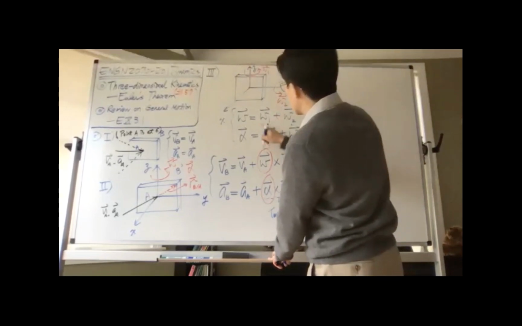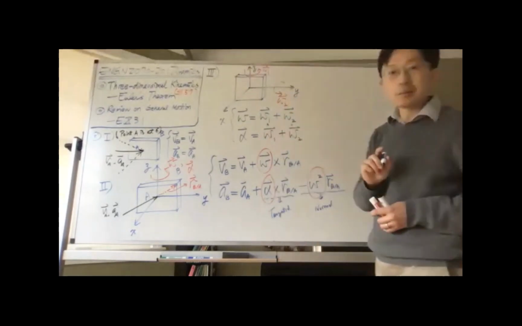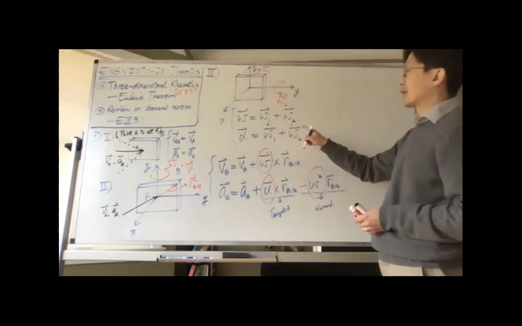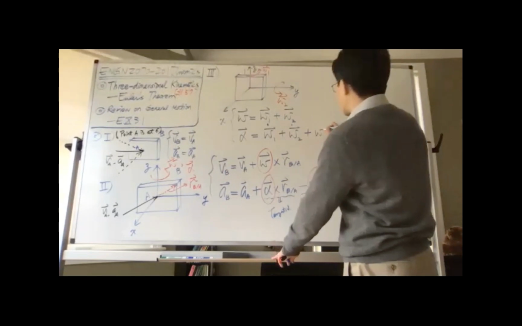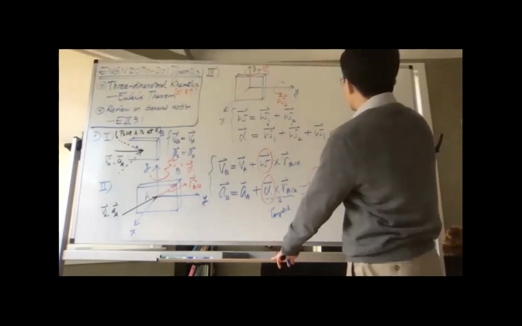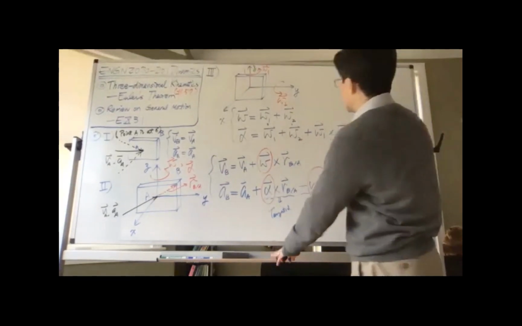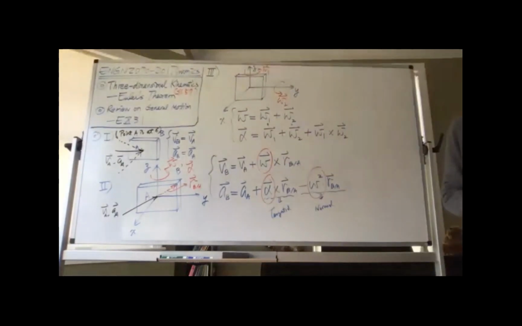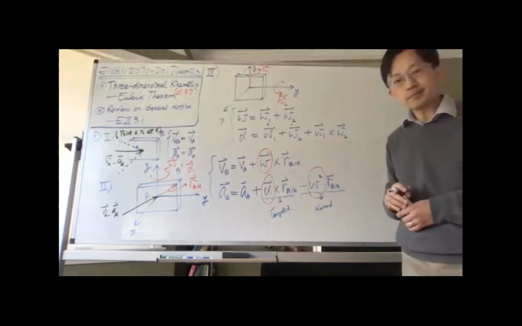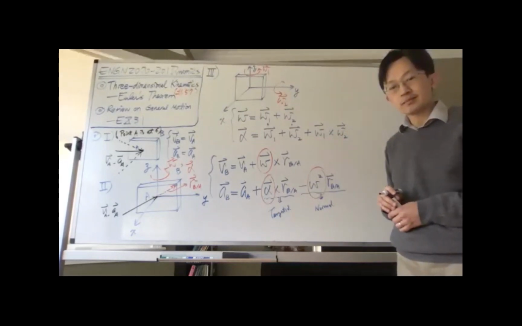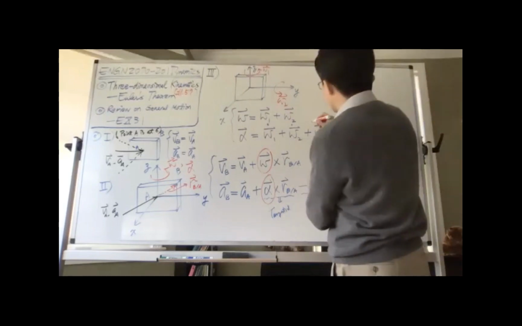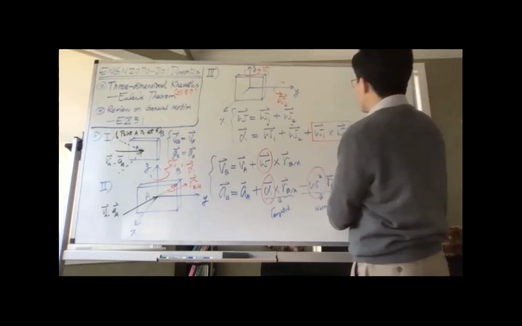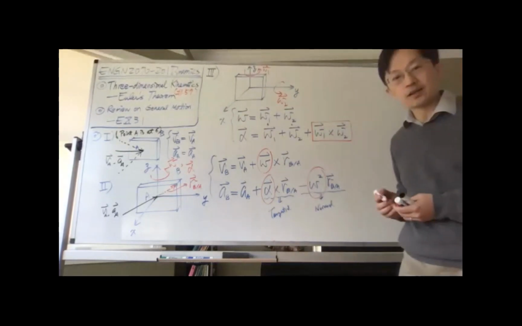The first one is omega 1 dot, that means the time derivative. And also the time derivative of omega 2 plus the cross product between these two. So this is the difference when you have two angular velocities.